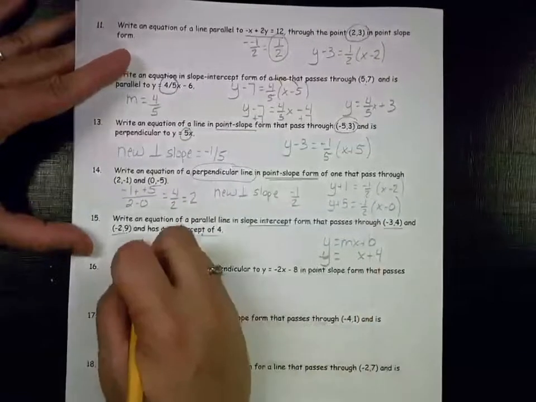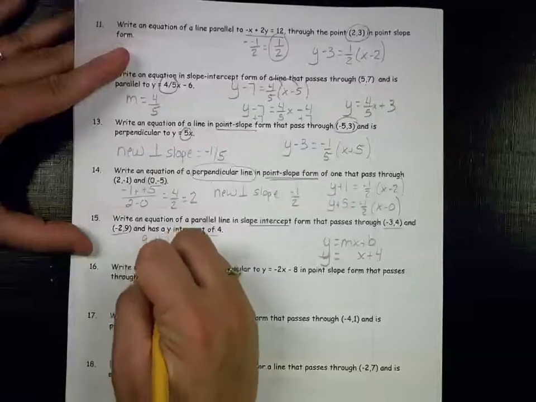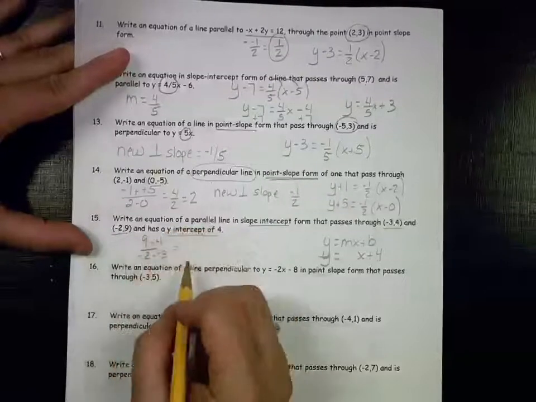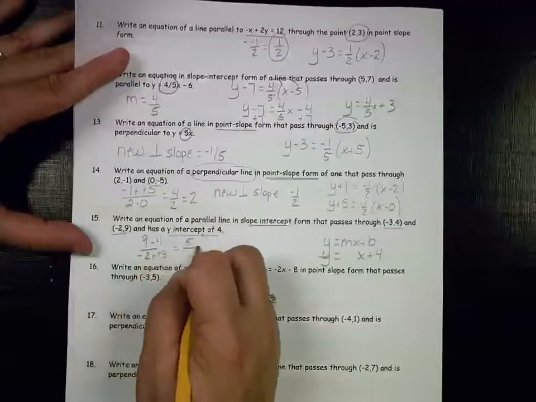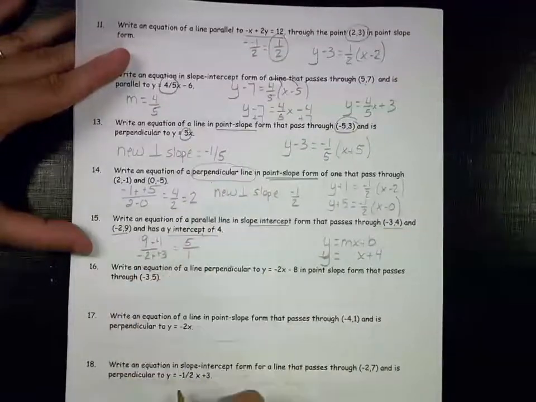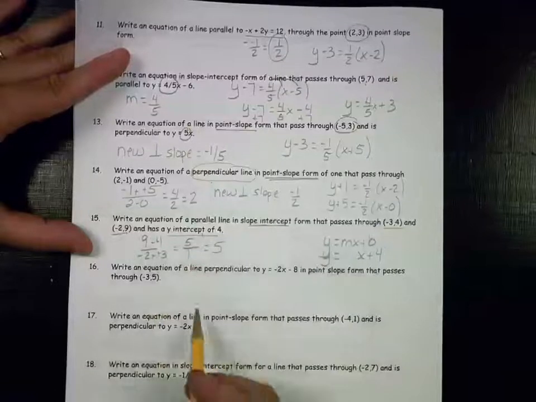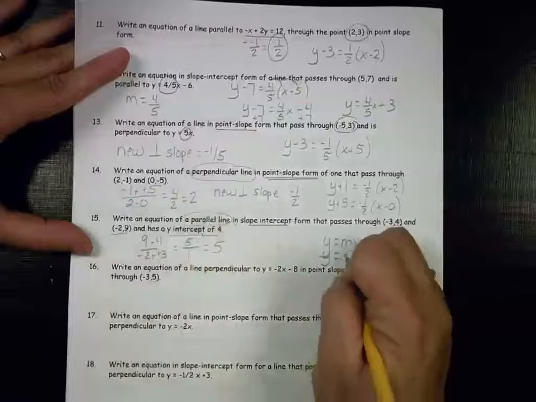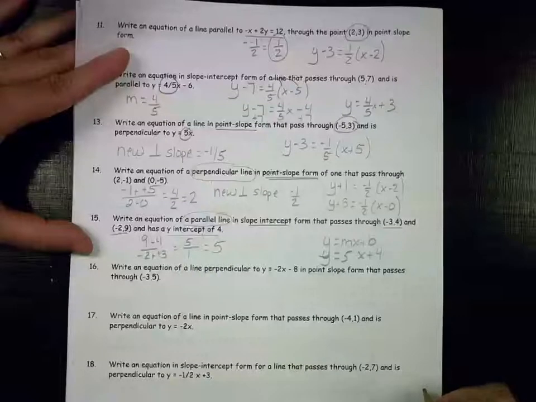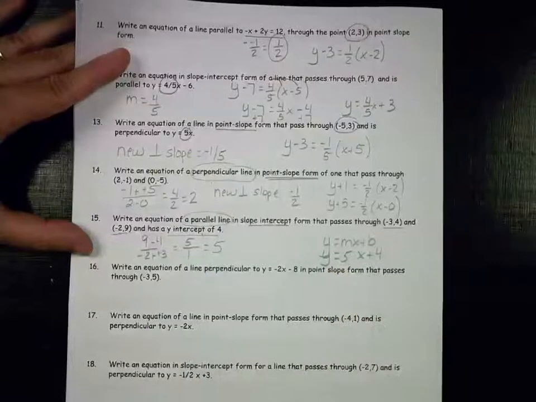So to find the slope, 9 minus 4, negative 2 minus a negative 3. That becomes 5 over 1. So the slope is 5. We want a parallel line, so we're going to stick with that same slope. And our answer is y equals 5x plus 4.